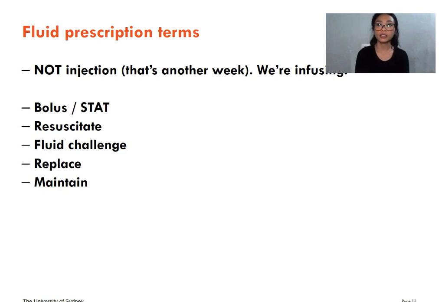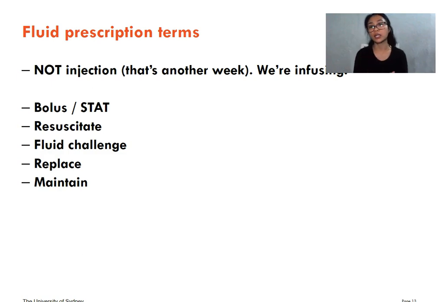Some of the common terms that you'll hear with regards to fluid prescription types and terms are the following on the slide. So when we refer to an IV infusion, it's a large amount of fluid that's being administered to a patient over a specific time frame, and it's not just a once-off.